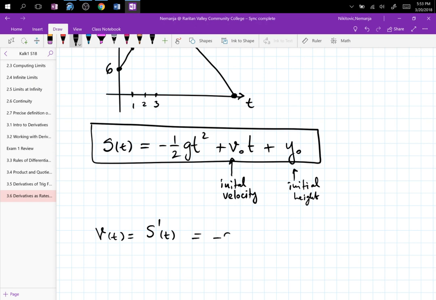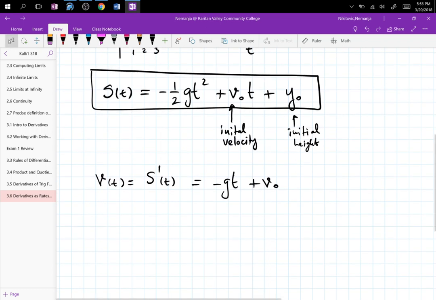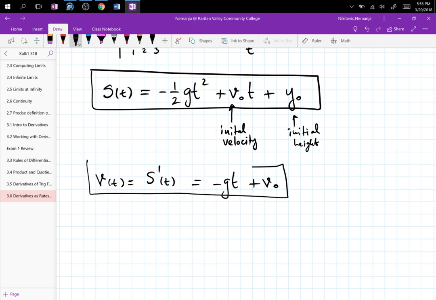So what we have is negative g t plus v0. The derivative of t is 1, and the derivative of y0 is 0 because it's constant. So this over here is the velocity.